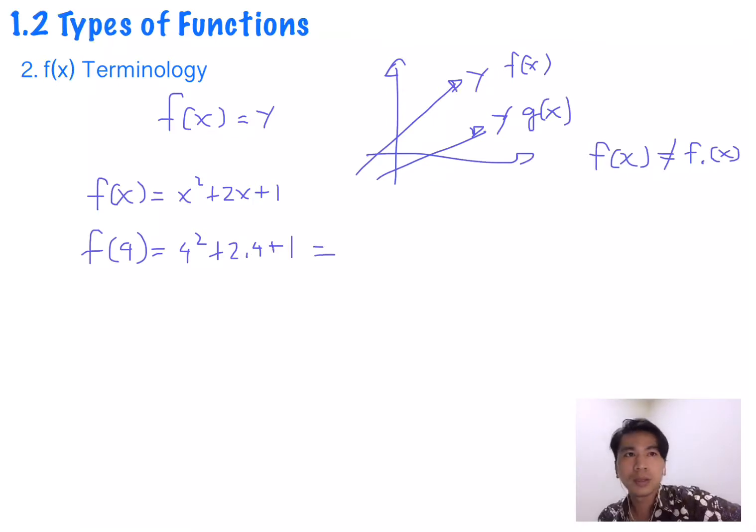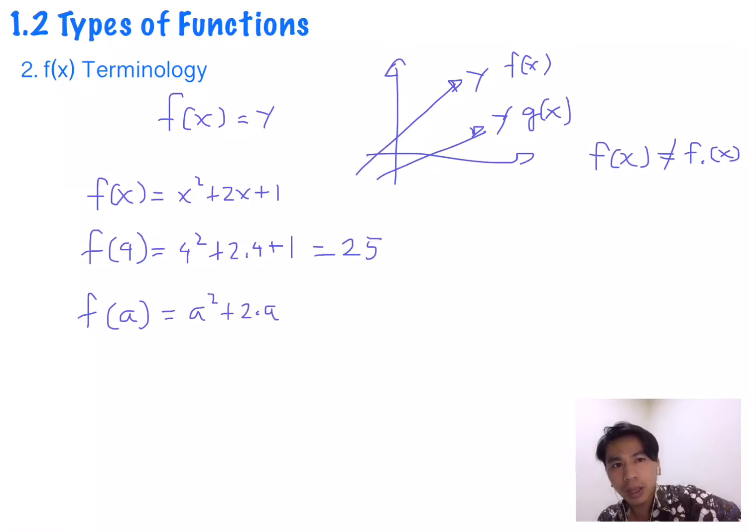So that will be 25. If I have f of a, then it will be a squared plus 2 times a plus 1. So it's just exchanging or substituting the a for the x value in this equation.